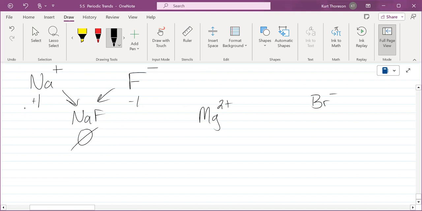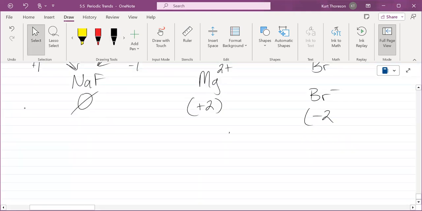Do I need more magnesiums or more bromides in order for these two to work together? How many more bromides do I need? I already have 1. I need 1 more. And so this is an overall positive 2. What are these two combined going to be? And what is positive 2 plus negative 2? And so the chemical formula would be MgBr2.